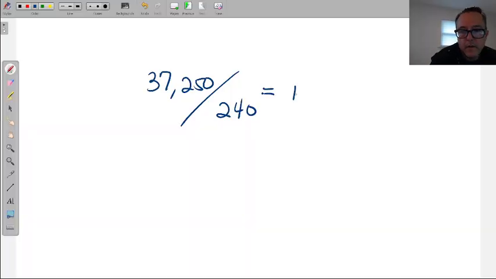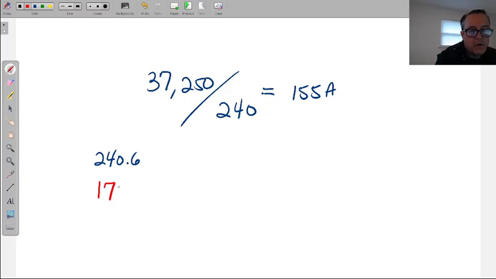All right, we should have 155.20. We drop it, keep the amperage at 155. Article 240.6 would tell us this breaker has to be 175 amps.